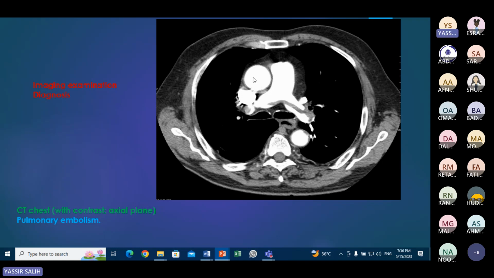What is this? Abdominal aorta? Which one, abdominal or thoracic? This is at the level of the chest. This is thoracic aorta. Which part?